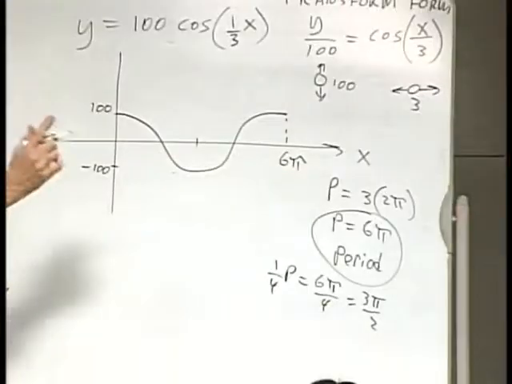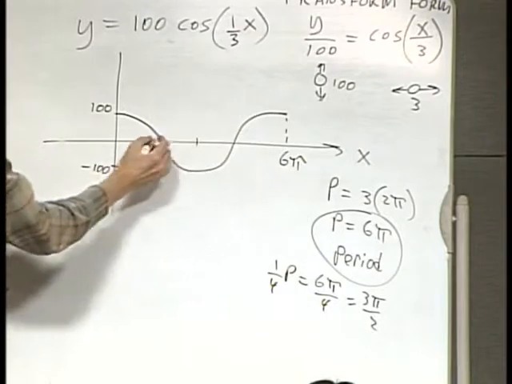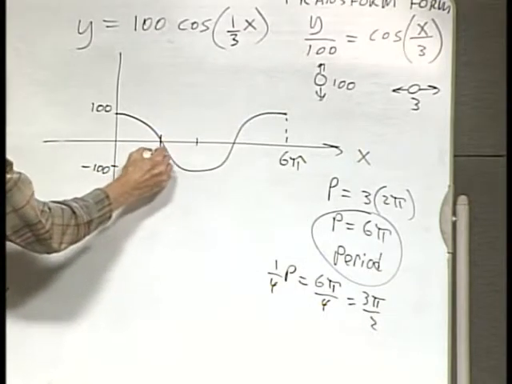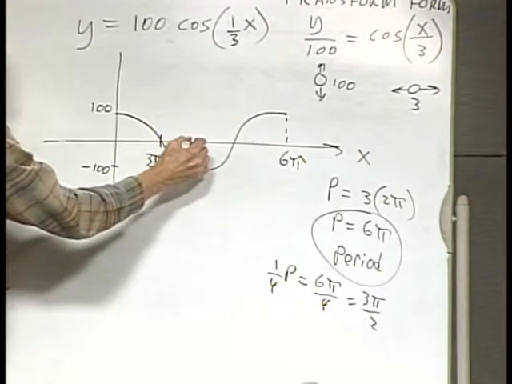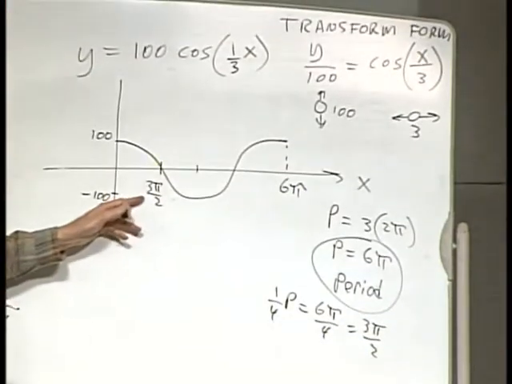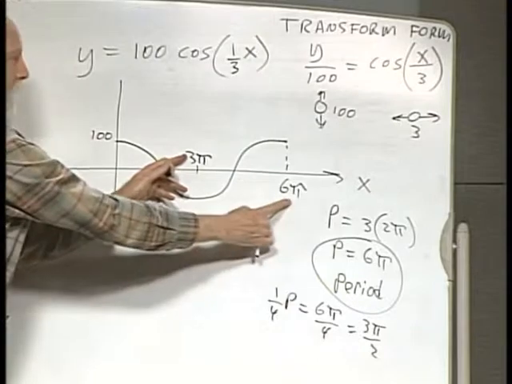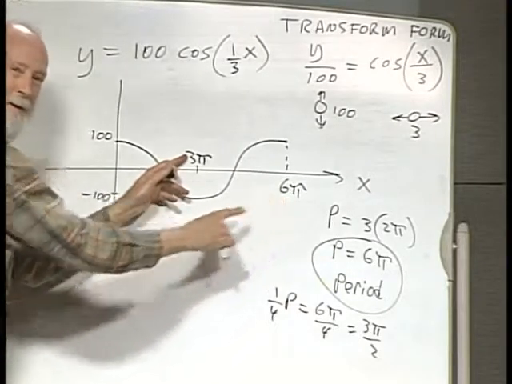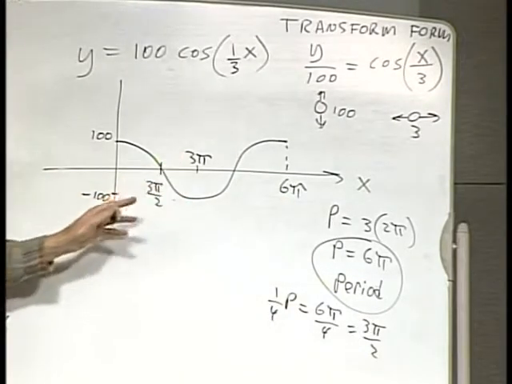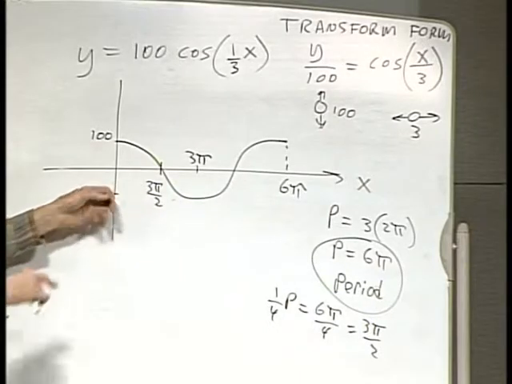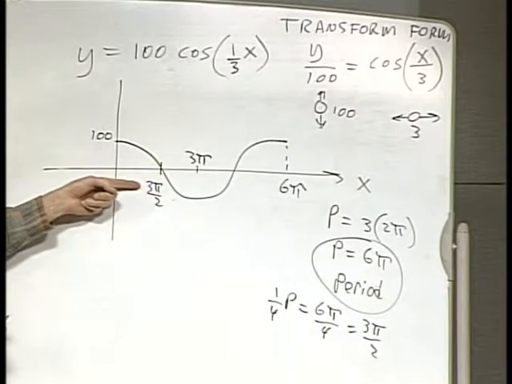Okay, so then I can come back on my graph paper and I can mark this point at 3 pi over 2 and this point at 2 of those, which would be 3 pi, which you should expect to be half of 6 pi, right? And then if you have 3 of those, look at that, 3 of these quarters right here, 3 of these is 9 pi over 2.